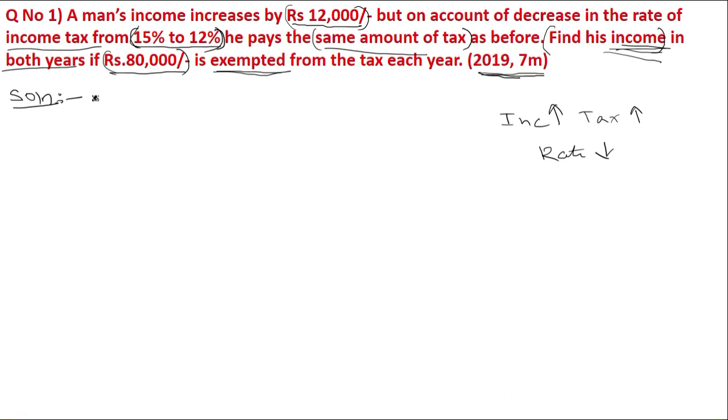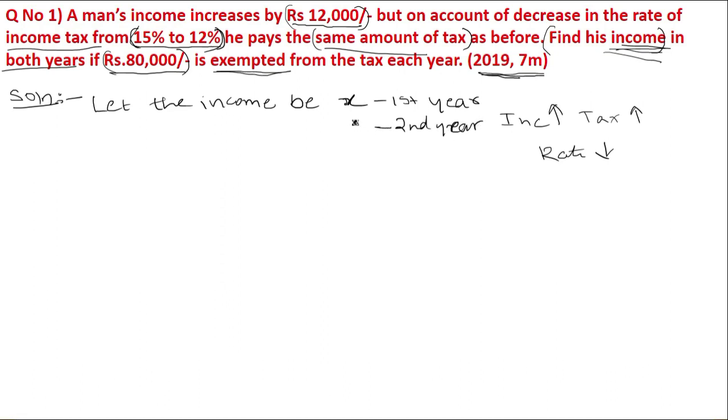So I will assume, let the income be X. Which year income is it? This is the first year income. Let the first year income be X. So what will be the second year income?